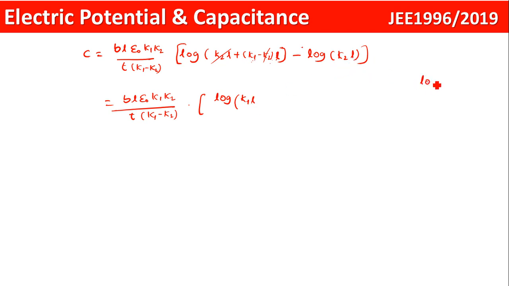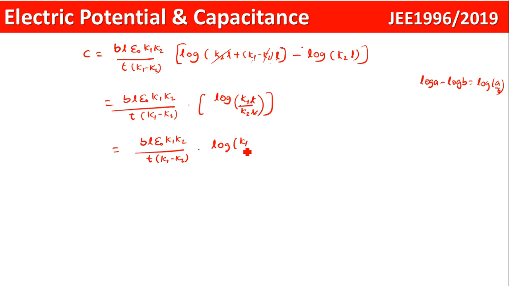So log a minus log b can be written as log of a by b. Log of K1L by K2L. Got it? Now the L gets cancelled. The final answer will be BL epsilon naught K1 K2 divided by T into K1 minus K2 into log of K1 by K2. This is the answer for the question.